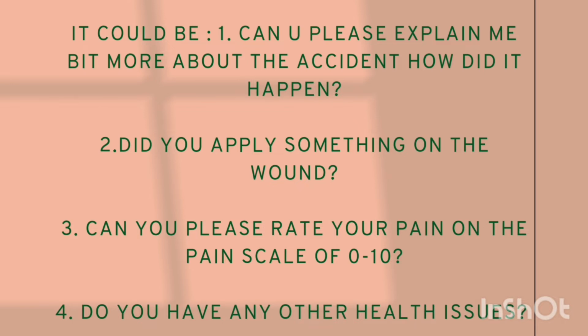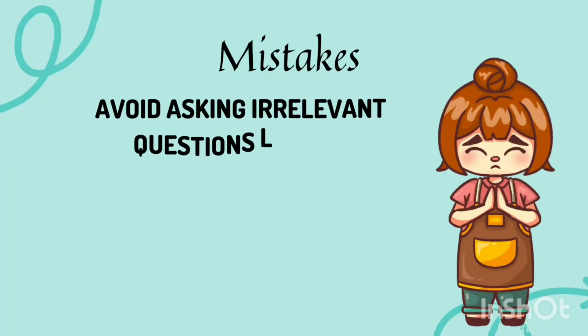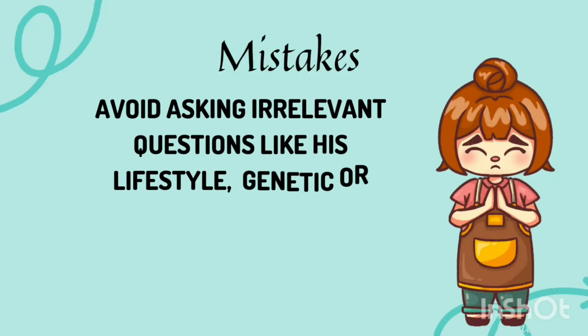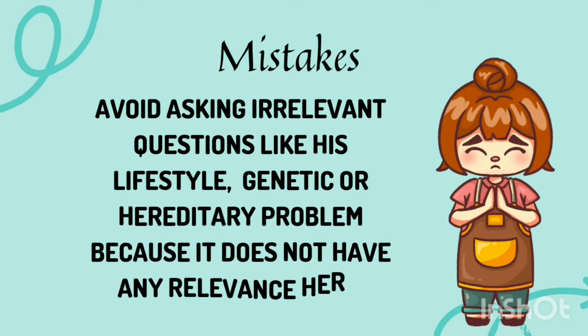How did it happen? Did you apply something on the wound? Can you please rate your pain on the pain scale of 0 to 10? Do you have any other health issues? Here, the big mistake students usually make is asking irrelevant questions like about his lifestyle or any hereditary or genetic problems, because it does not have any relevance here.